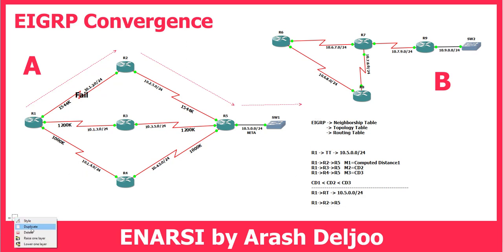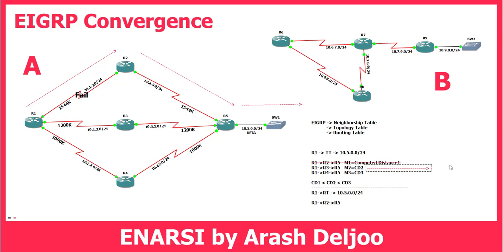Actually, you know that this link is not available now. This path is not available now, and we can easily replace path 1, the FD1, with path 2. Actually, this is the next best path, because it has the second best metric, or second lowest metric.